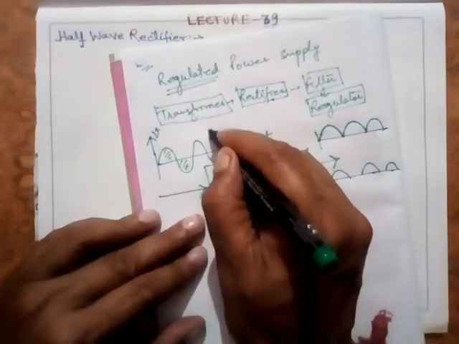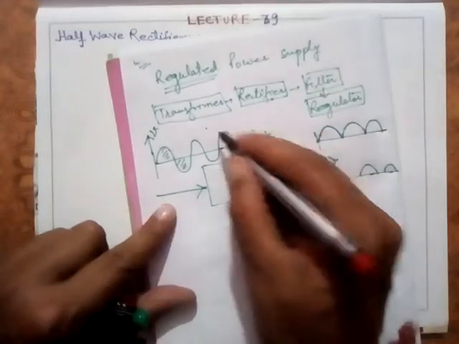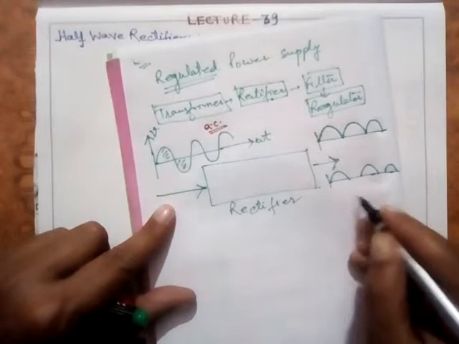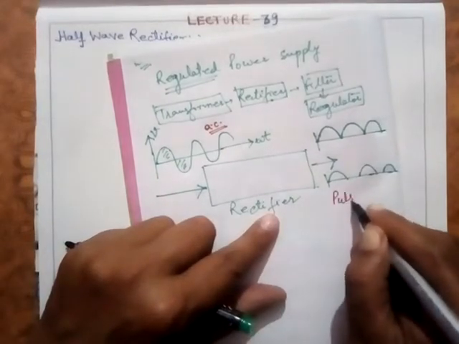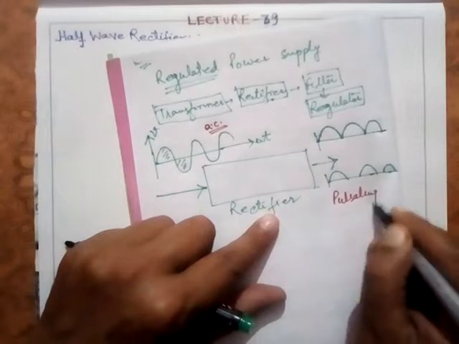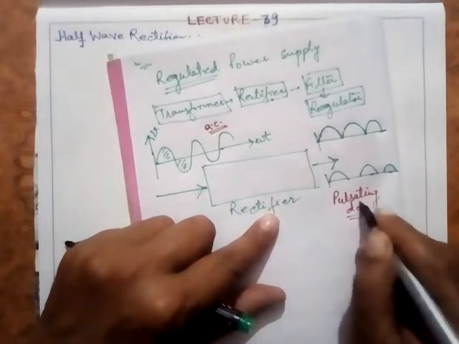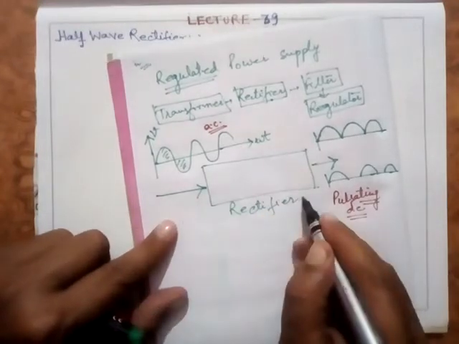This is called an AC signal or an AC function, and the other is not a DC but is called a pulsating DC.